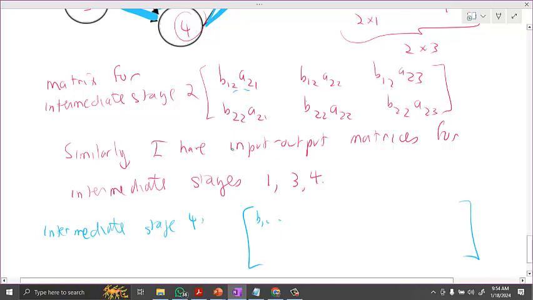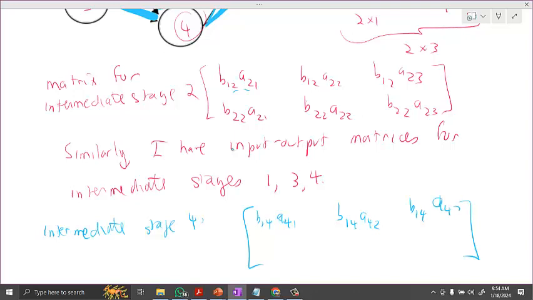This would be B14, A41, let's see, I think this is B14, A42, this would be B14, A43, and then this would be B24, A41, and then this would be B24, A42, and this would be B24, A43. Okay. So altogether I have 4 intermediate stages, and I have 4 of these matrices.